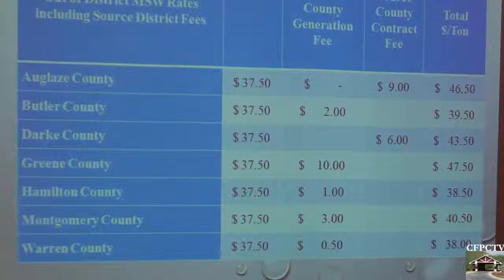So out of the tipping fee, the landfill receives about $19 and some odd cents to operate. There's also another $6.05 that goes to financial assurance, which is the closure costs for the landfill. Also built into the out-of-county waste rates is $6.50, so an additional 45 cents per ton for the financial assurance fund.